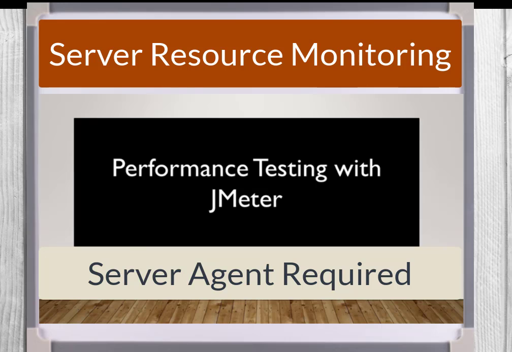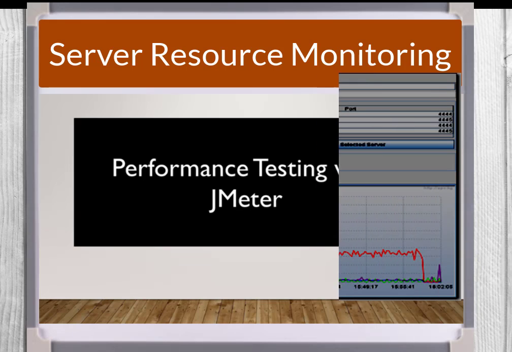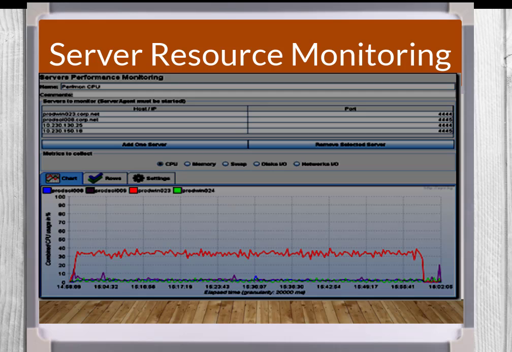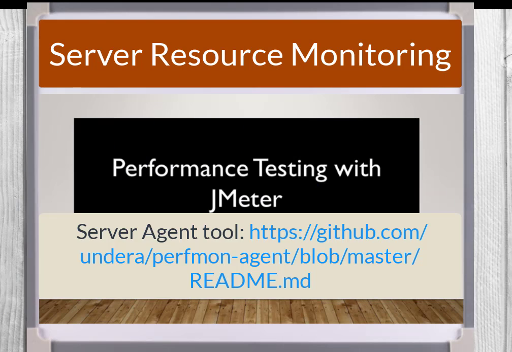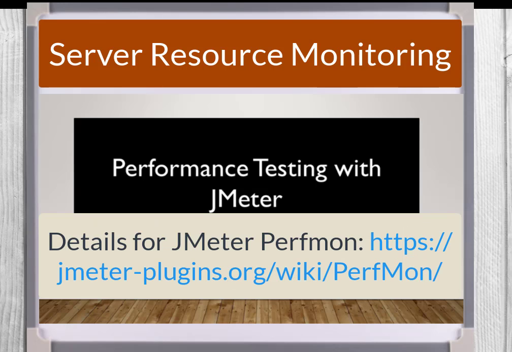It requires a special server agent process to be started at the target Windows servers and plots collected data on a graph like you see here. The server agent tool is at this URL, and the details for JMeter Perfmon is at this particular URL.